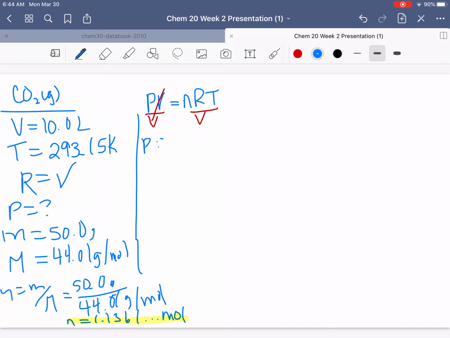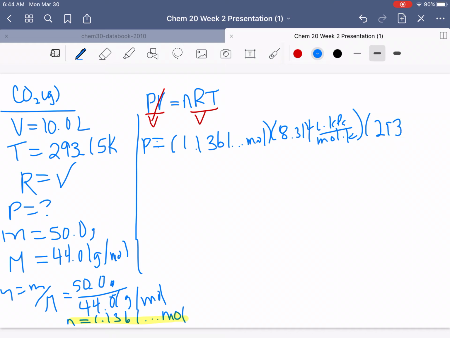Pressure is equal to n, which you just found, 1.1361 moles, times R, 8.314 liters times kilopascals over mole times Kelvin, times the temperature, 293.15 Kelvin, all of that divided by your volume, 10.0 liters, equals, again, you're going to want both values here.